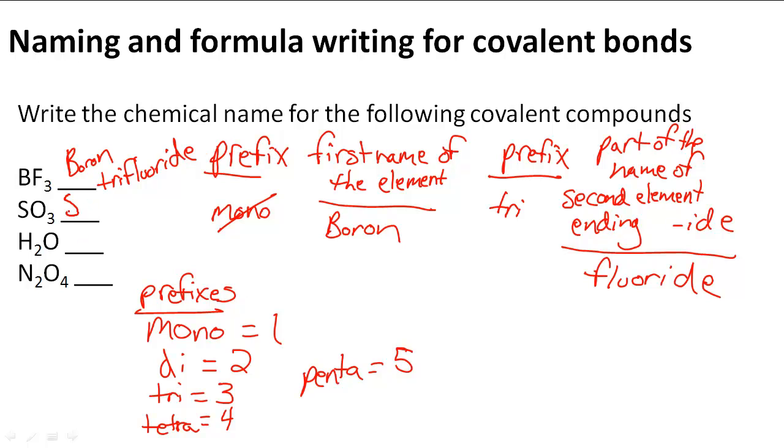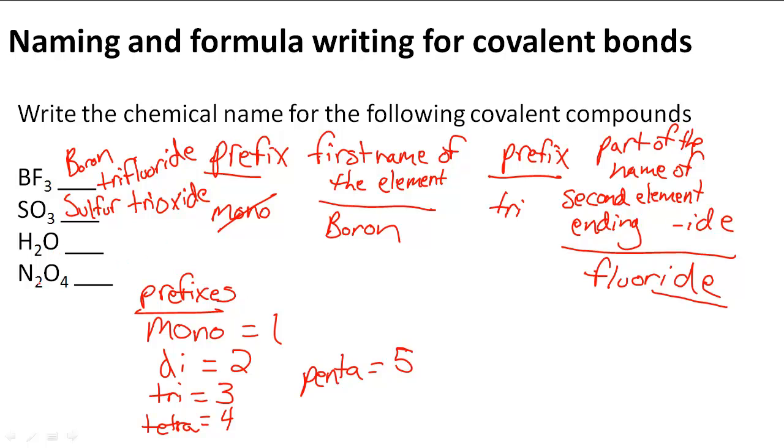Now we have sulfur. Notice I didn't put mono boron or mono sulfur because we're just talking about one atom of that element. But this is oxygen, so it's going to be tri, because there are 3 of them based on the subscript: trioxide. Remember, we end with -ide. H2O.